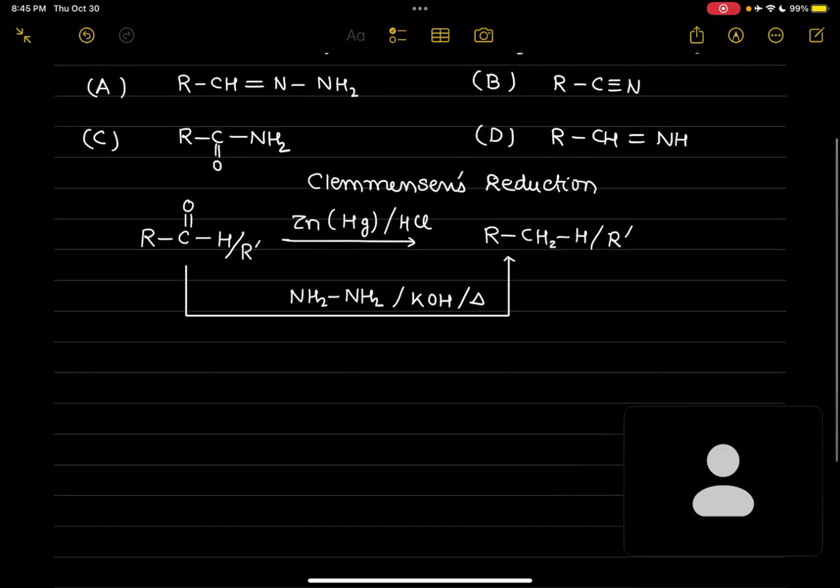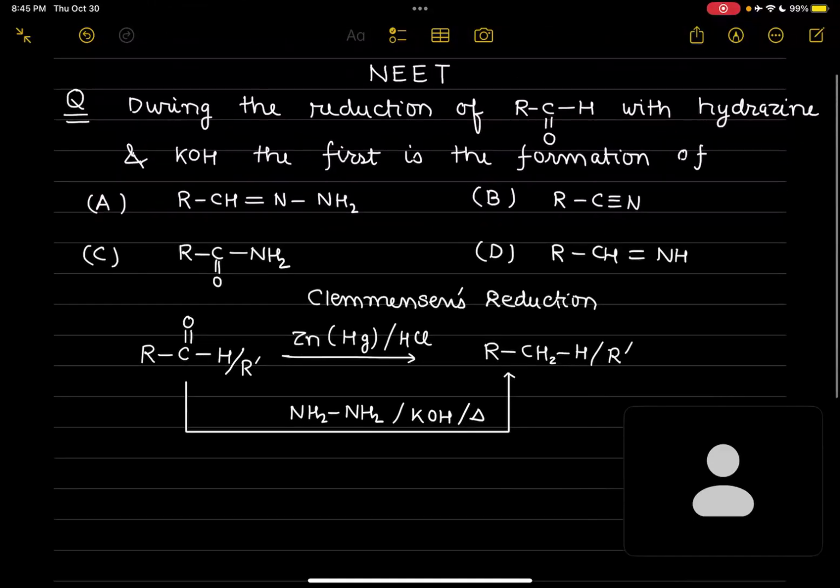With hydrazine, so this is the same question which is talking about the reduction of aldehyde using hydrazine and base, but that reduction doesn't take place directly. First, something is formed and that reacts with base to give you the alkane. But what is that something?